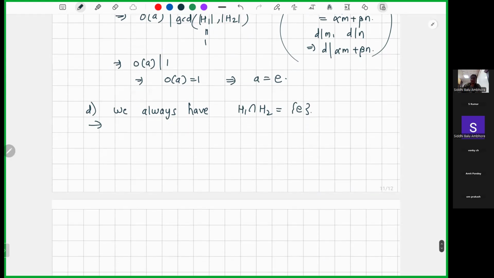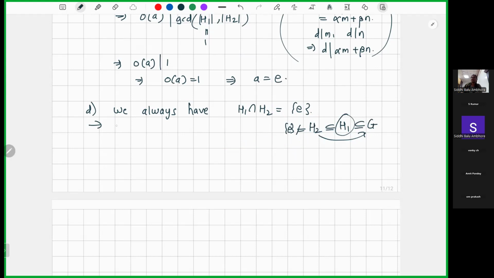See, this is not true, right? G is a group. It has H1 as a subgroup, and since H1 is also a group, I can take a subgroup of this, and this still will be a subgroup of G. So H1 and H2 will be subgroups of G, and their intersection will be H2, and this need not be equal to E. This is the main idea which we will be using here.